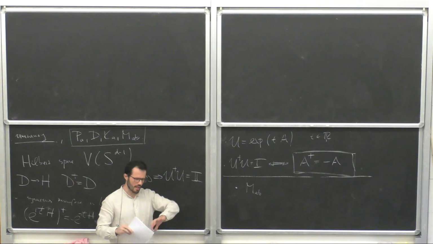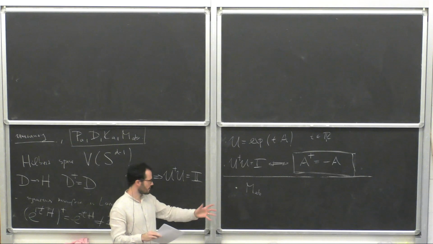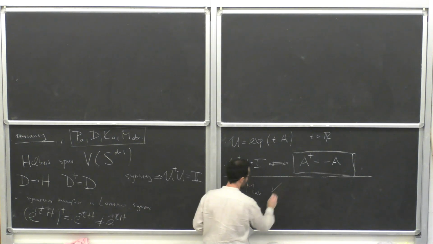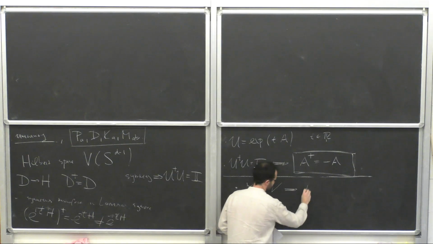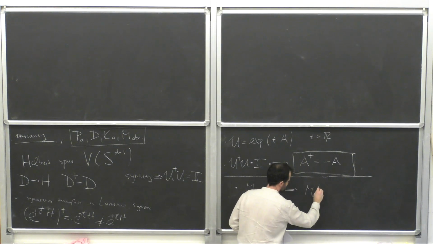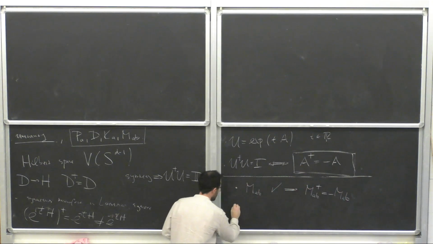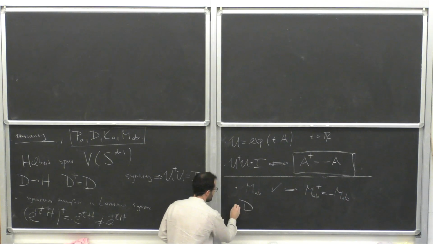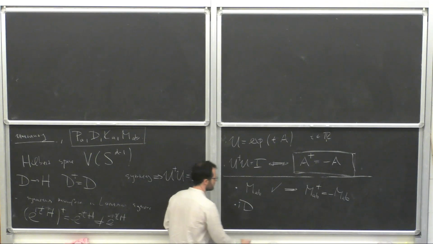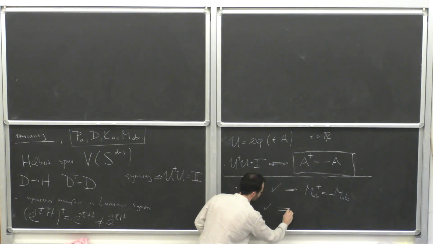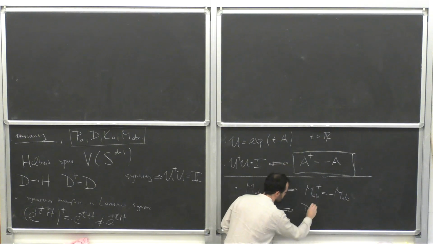A rotation just rotates the S^(d-1). It doesn't do anything with time, so M_AB is a symmetry, so M_AB is going to be anti-Hermitian. Then D is not a symmetry, but iD is a symmetry. That means that iD is anti-Hermitian. In other words, D is Hermitian.